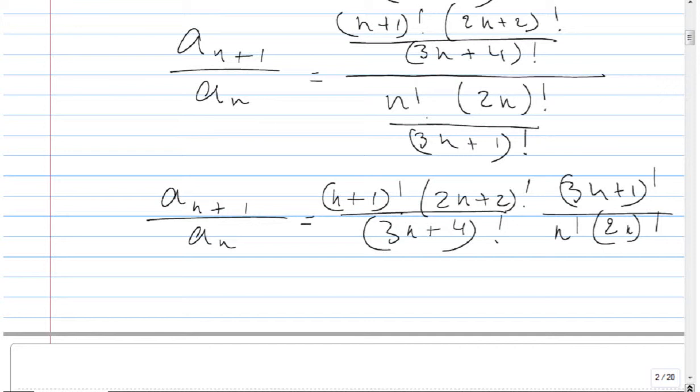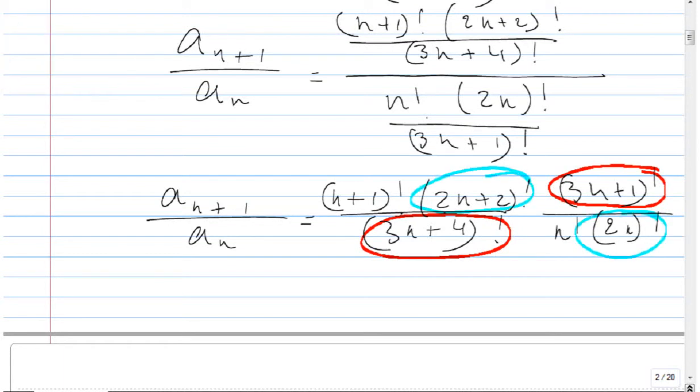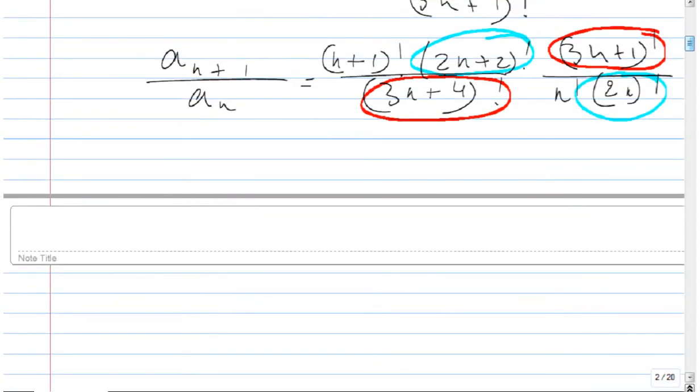So now what we are going to do is put terms together so we can simplify them. For example, we are going to put the (3n plus 1) factorial above the (3n plus 4) factorial, and the (2n plus 2) factorial over the (2n) factorial, and the last one is n plus 1. So we are able to do some algebra over a_n.